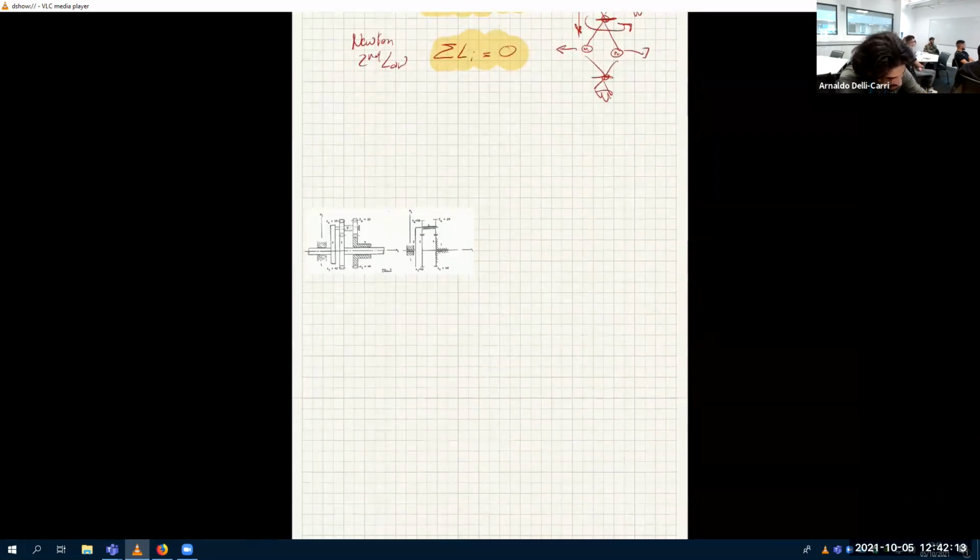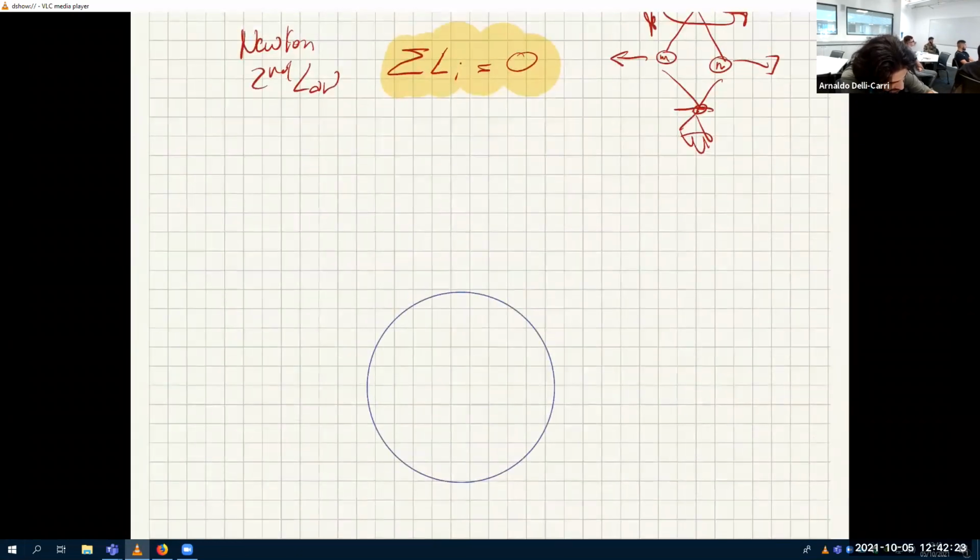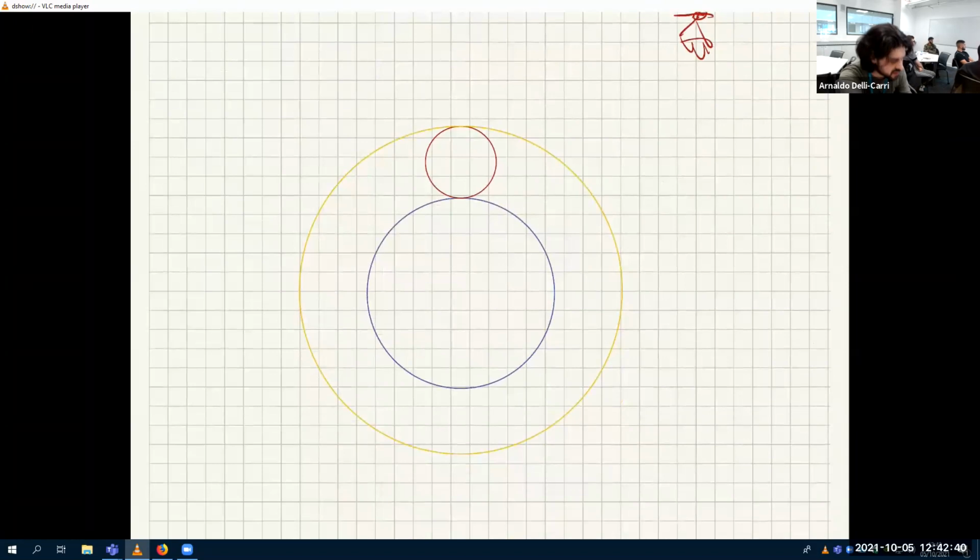So let me delete this one. We don't need it. I'll draw the front version of this. So we have a sun, then we have a planet, and then we have a ring. So this is what you have.